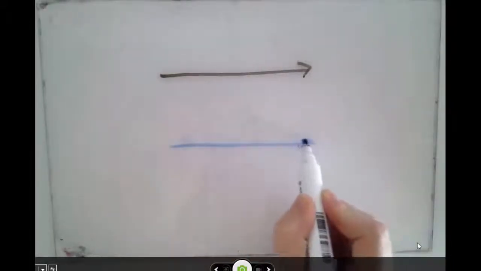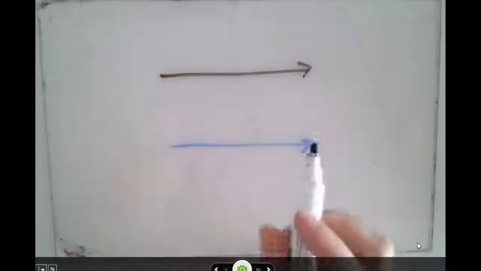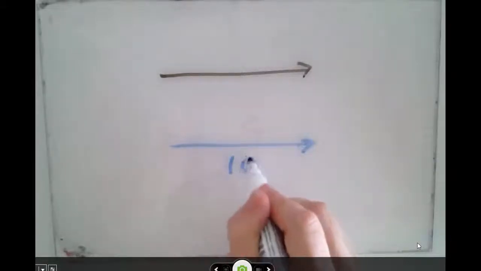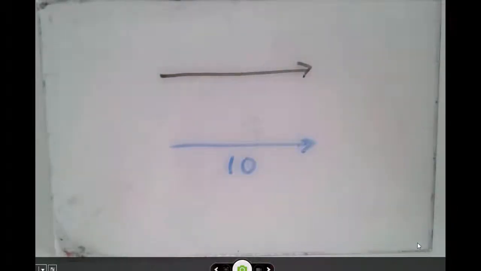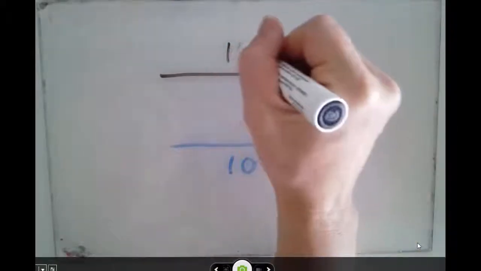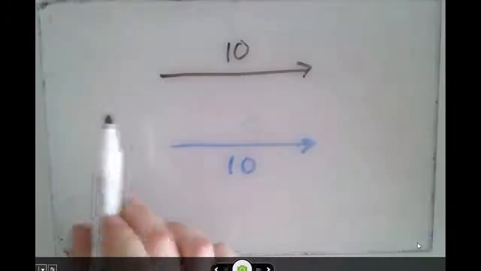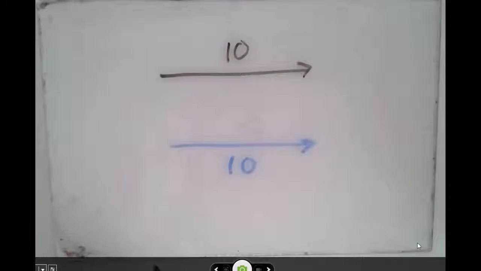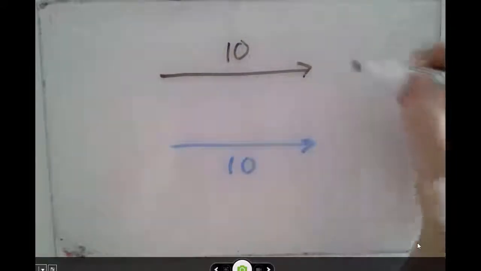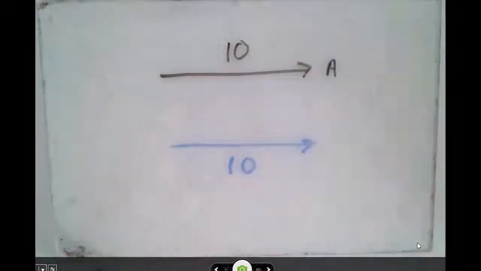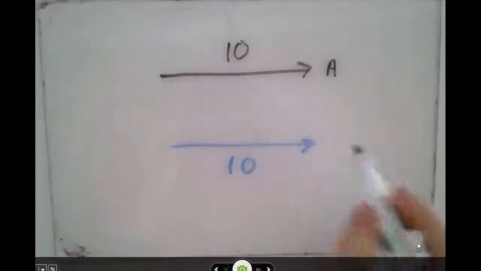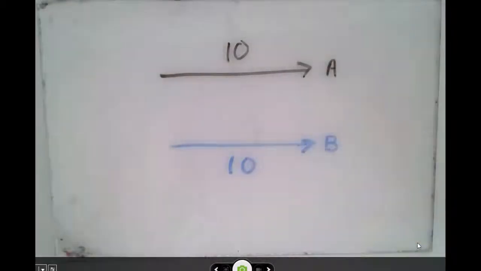And these vectors actually are twins, so they have the same magnitude of 10 in the direction down the ramp. So if we want to look at the direction of vector A and direction B, they're the same and the magnitude is the same.